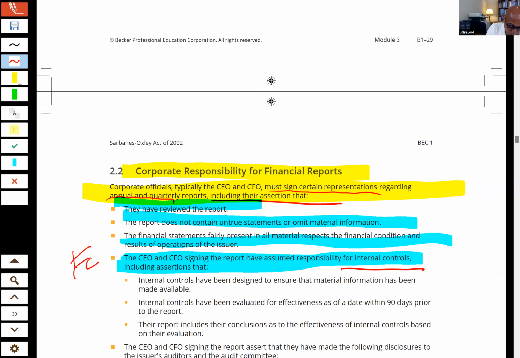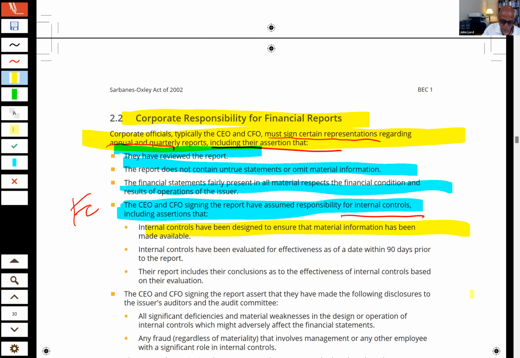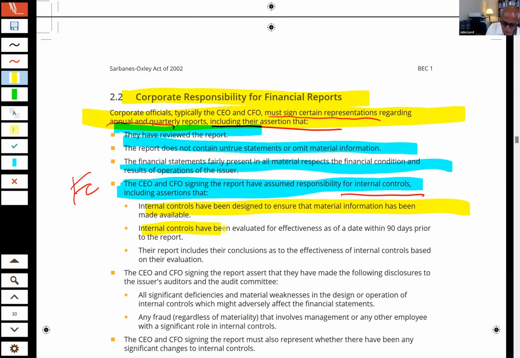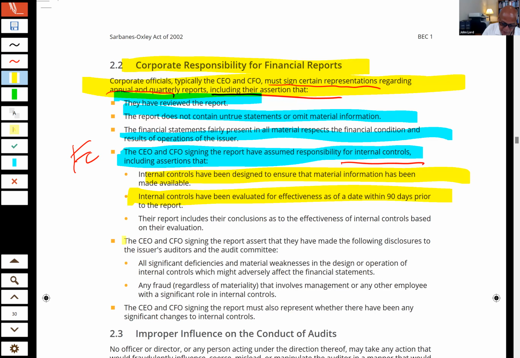So they have to certify that the internal controls have been designed so that material information has been made available. Internal controls have been evaluated for effectiveness within 90 days prior to the report, and the report includes their conclusions as to the effectiveness of the internal control. Continuing on, more flashcards in signing the report. You can make it one flashcard if you want.